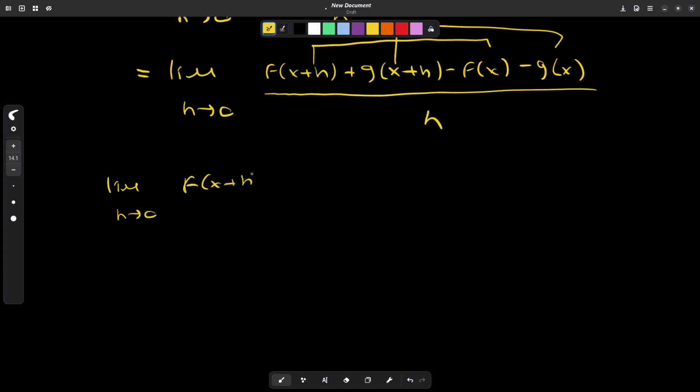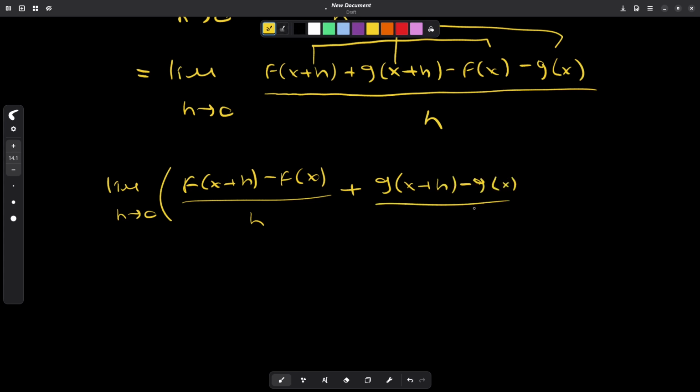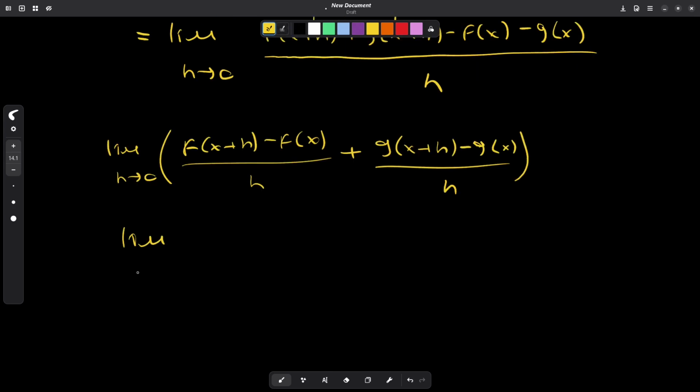f(x+h) minus f(x) over h plus, let's write it inside the limit, g(x+h) minus g(x). This is over h as well. We know that we can separate these by our limit properties, right?